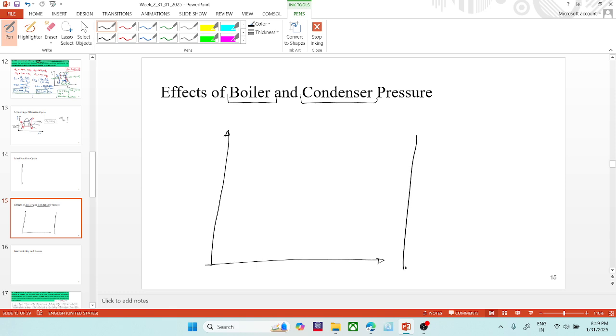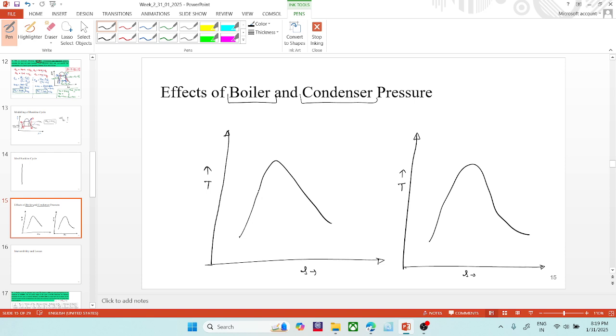I will make two T-S diagrams here. T and S. This is the vapor dome. This is the vapor dome. And let me make two constant pressure lines like this.